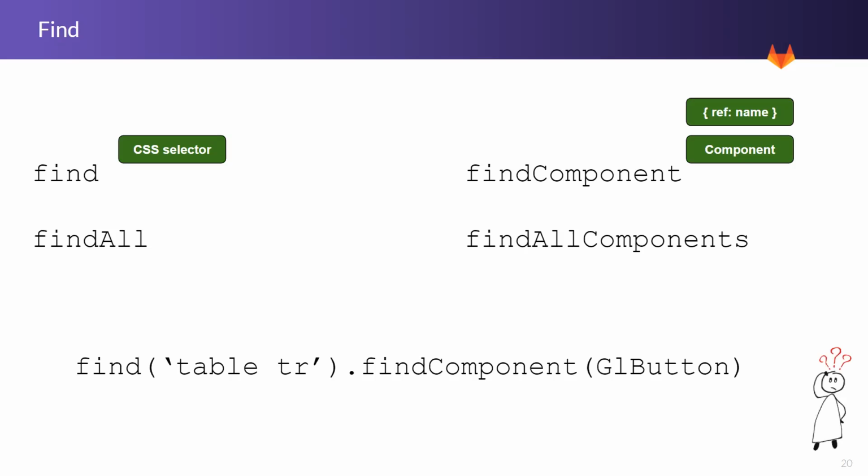And the weirdest thing, which seems super confusing during migration, right now you're unable to do this. You can't call find and after that chain it to findComponent. Basically, it will work, but it will complain and generate a deprecation warning. And the reasoning for that was not because, hey, we think that this is of no use.